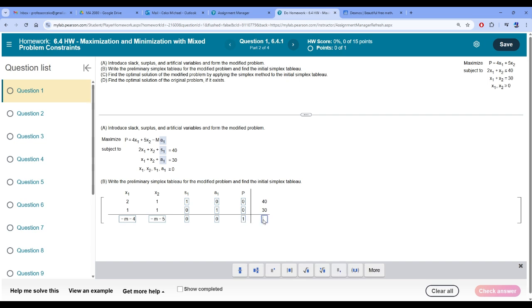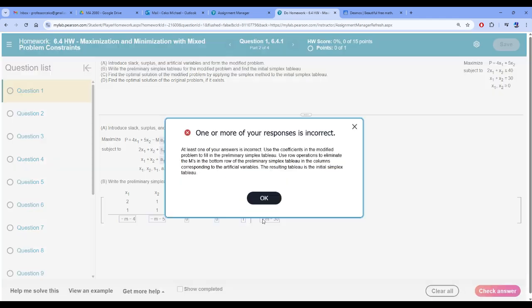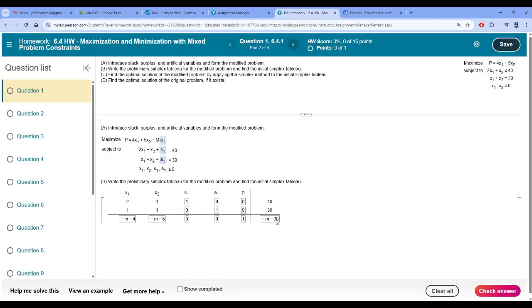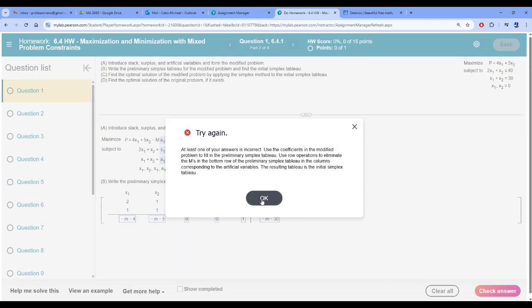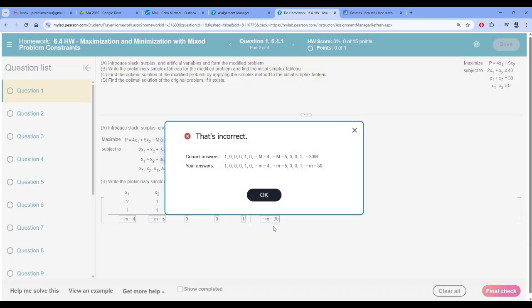And then I don't know what this is. I think this is maybe negative m minus 30. No. I don't know what this number is. I think I got everything else right. I just don't know what that number is. Negative 30m. I had everything else right, just not that.